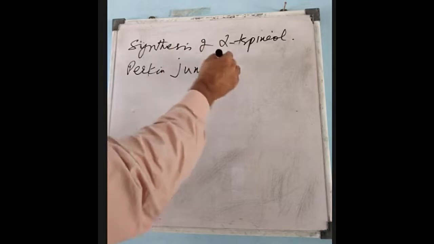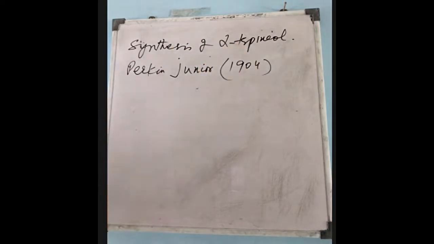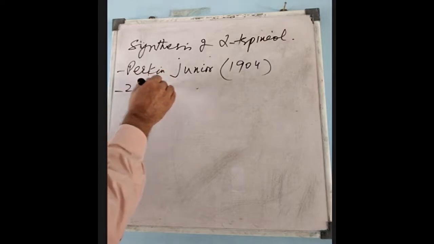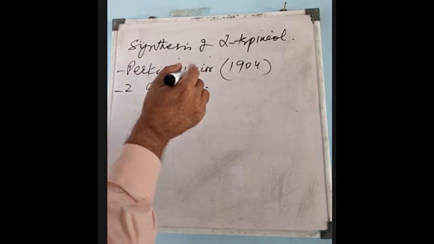So now Perkin Jr. in 1904 proposed a synthesis. Then again in 1908, there was another one by his research fellows, Perkin Jr. along with two more scientists, Meldrum and Fisher.